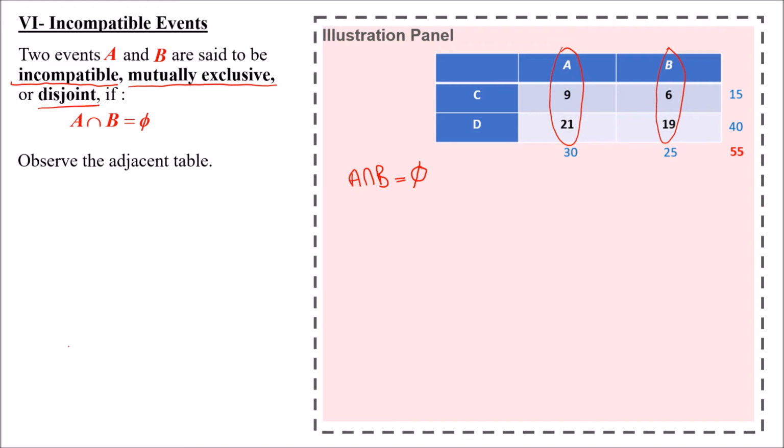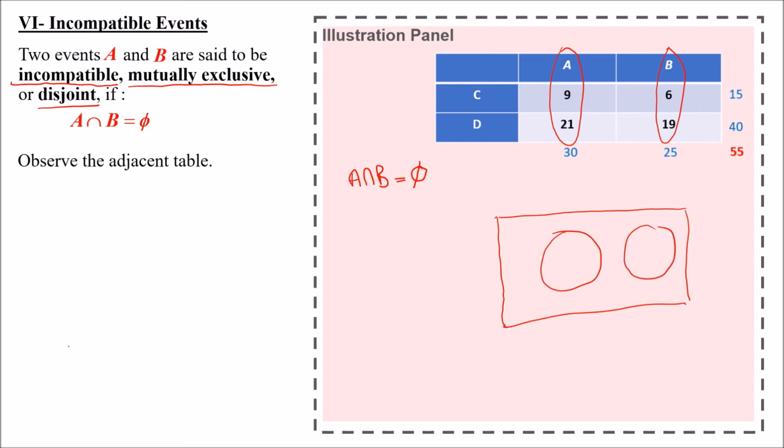To go through a more detailed illustration, I will try to explain this using a Venn diagram. Here in a Venn diagram we have two events, let's say this is A and this is event B. Look here, there's no intersection between the two circles, therefore A and B are mutually exclusive or incompatible.